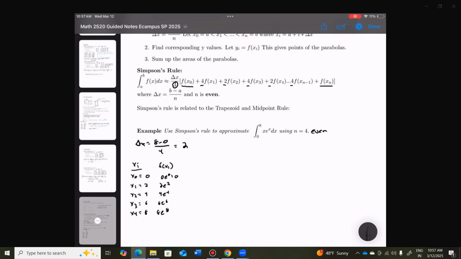And so for Simpson's rule, the approximation here is going to be delta x, which is 2, over 3, f sub 0, which is just going to be 0, plus 4 times 2e to the 2, plus 2 times 4e to the 4, plus 4 times 6e to the 6, and then the last one, plus 8e to the 8.